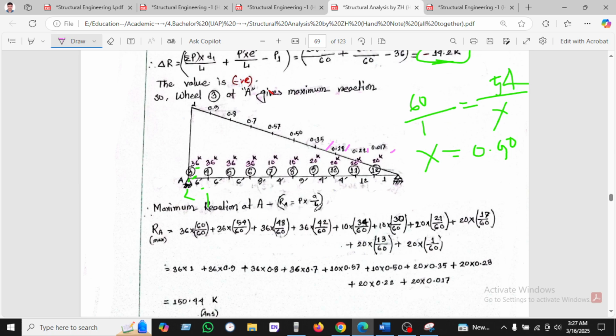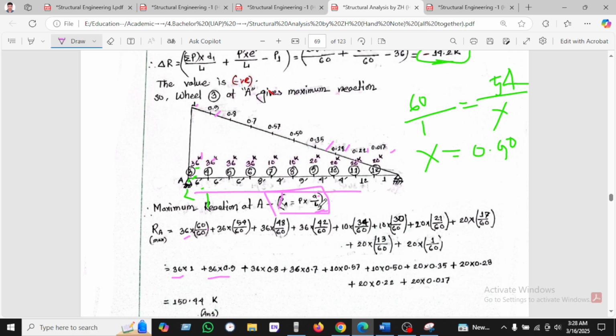We know P into A divided by A. This is another formula, or we can use 36 into 0.9, this value, but we can use here P into A by A. This is the P. I will get the A value as 60 minus A length.